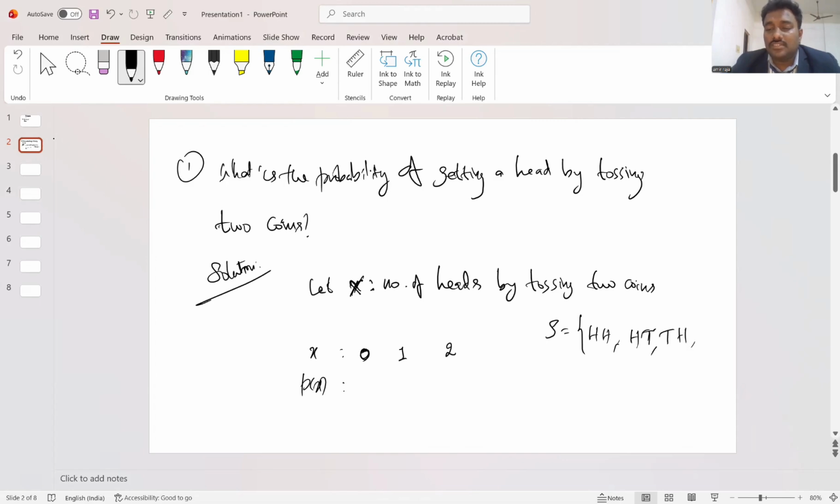So tail and head, then tail and tail. So here we have 2 heads, here we have 1 head, here we have 1 head, and here we have 0 heads. So 1 out of 4 times I have 0 heads, and 1 head is obtained 2 times out of 4, and 2 heads is obtained 1 time out of 4.